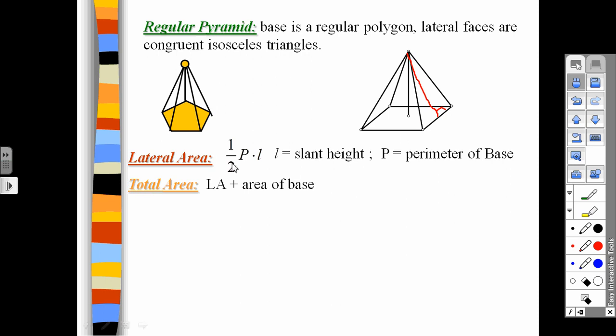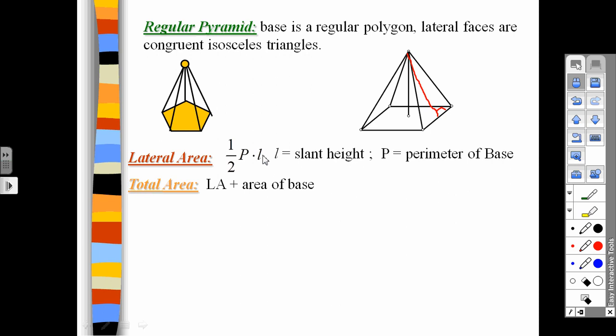Or if you wanted a formula, we can take 1/2 the perimeter of the base and multiply by the slant height. This formula is very similar to the one we had for the lateral area of a prism, which was the perimeter of the base times the lateral edge, only this time we're taking 1/2 of the perimeter and multiplying by the slant height.